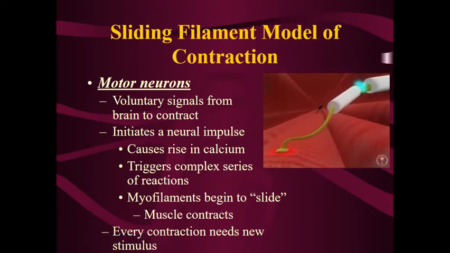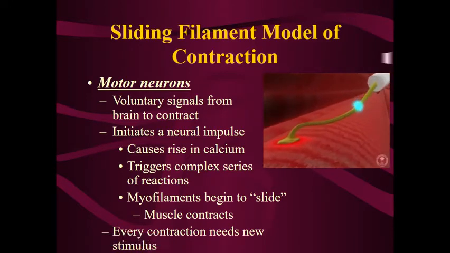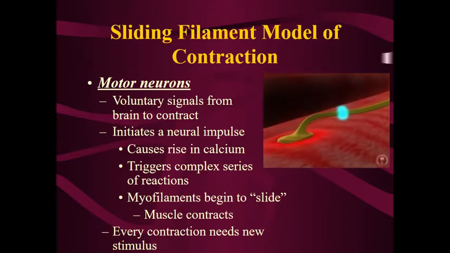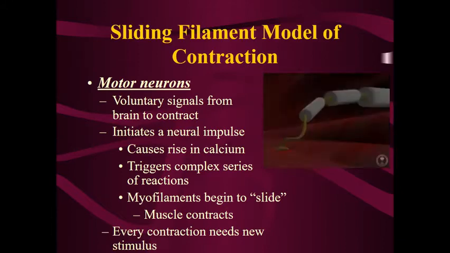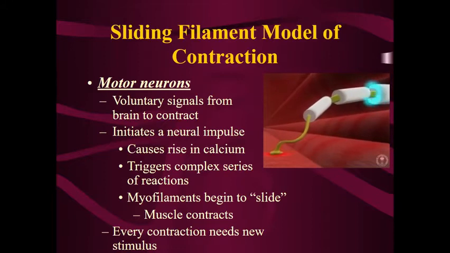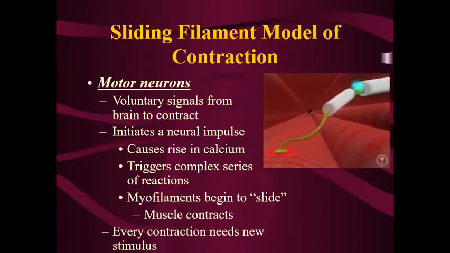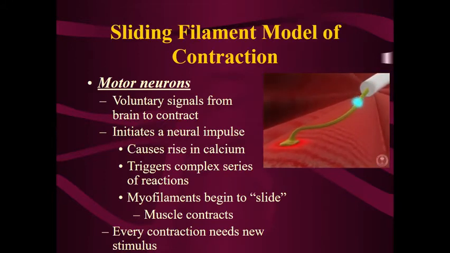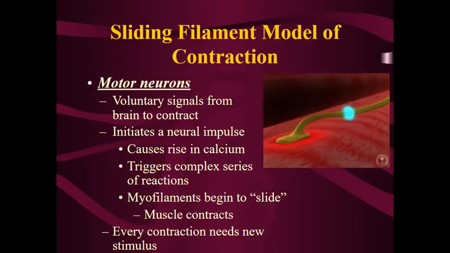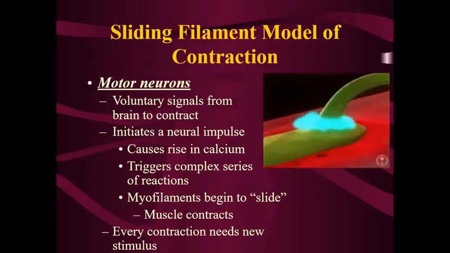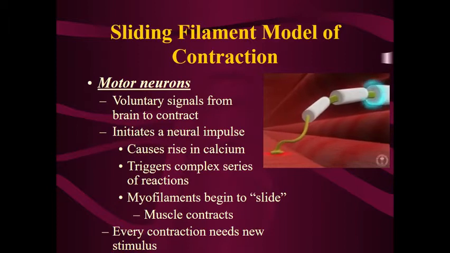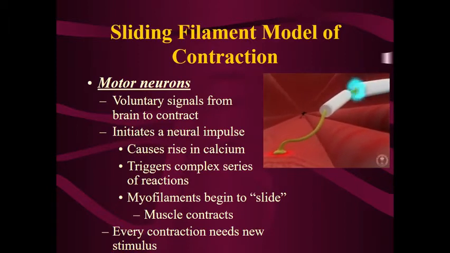Muscles contract by the sliding filament model of contraction, and this is controlled by motor neurons of the nervous system. Motor neurons are voluntary signals sent from the brain to the muscle, telling the muscle to contract.